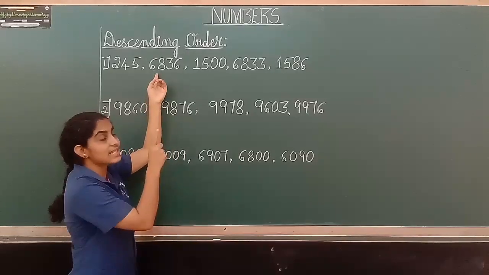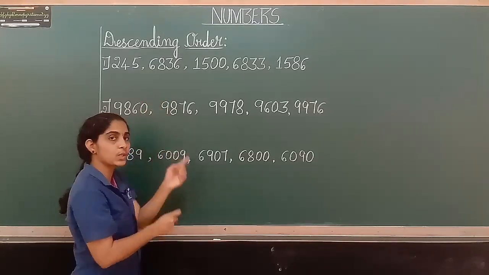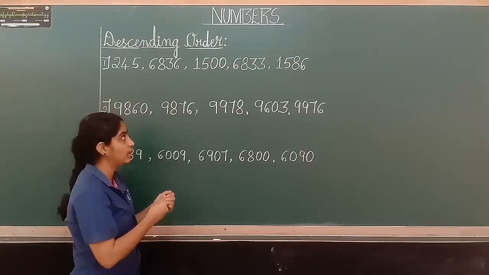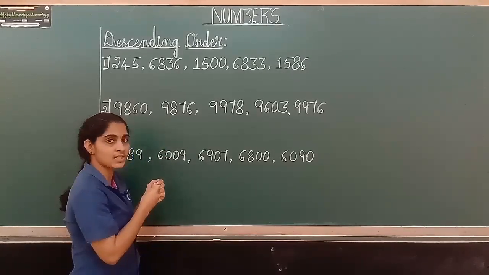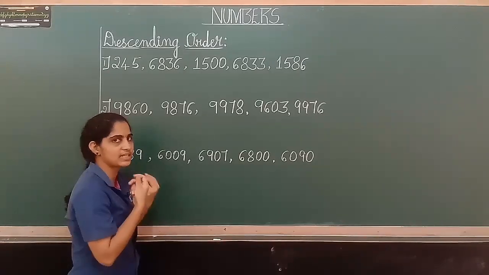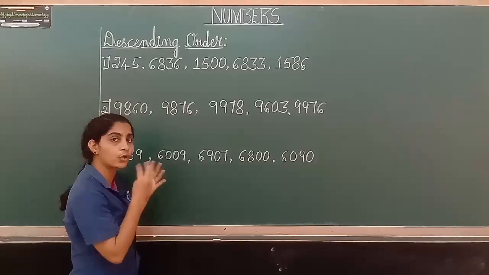Let us go to the second digit. When you compare the second digit, here also both the digits are same, right? So let us move to the third digit. Here also both the digits are same. So what we have to do? We have to compare the fourth digit.